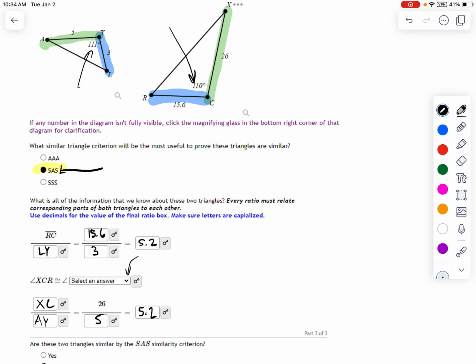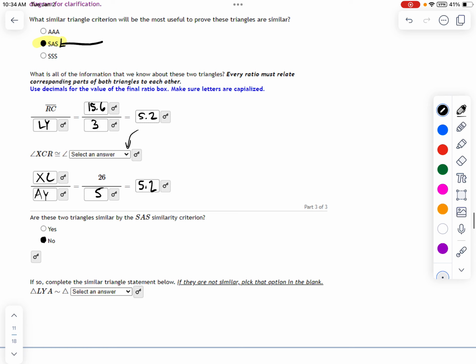And because the angle isn't the same, they are not similar. If they were both 111, these would be similar triangles because the ratios are the same. But they're not, so in the drop-down box you would pick that they are not similar. Now if they were, you'd have to write the similarity statement.